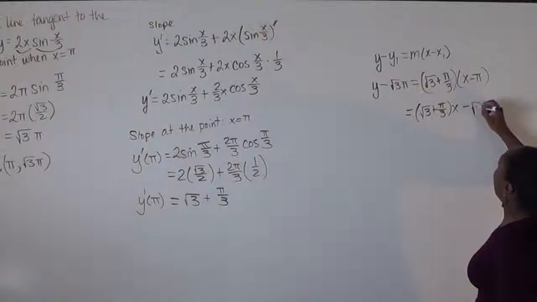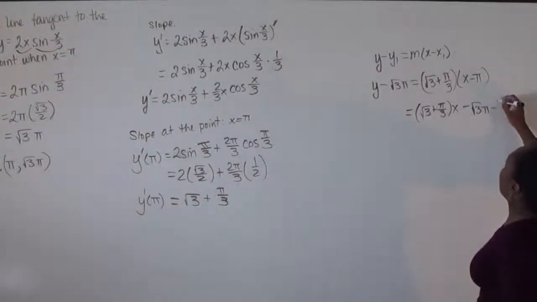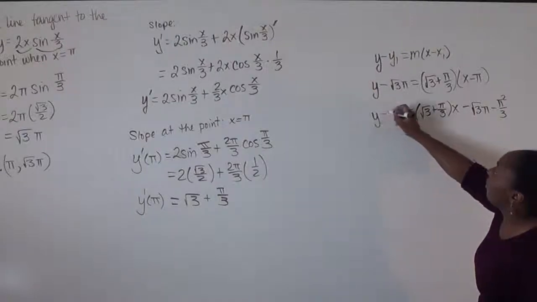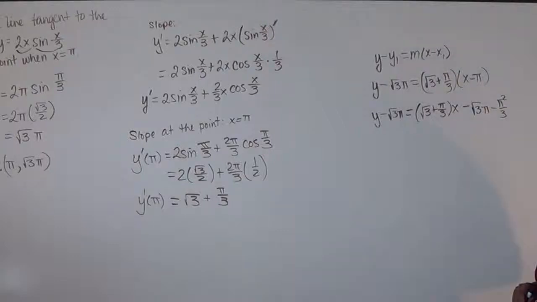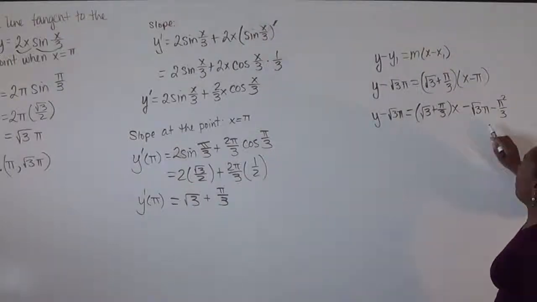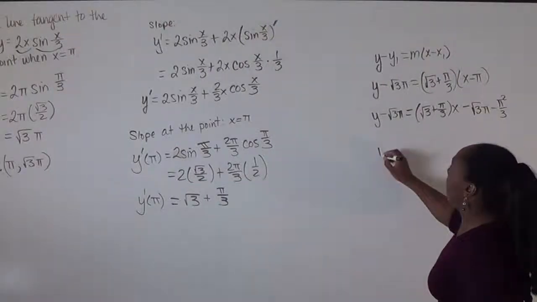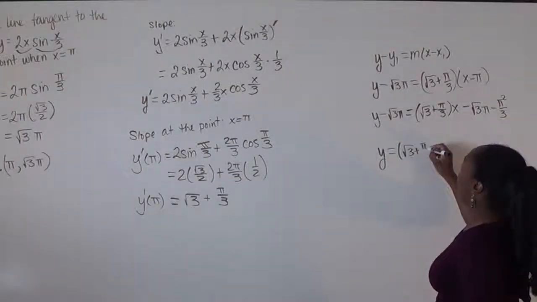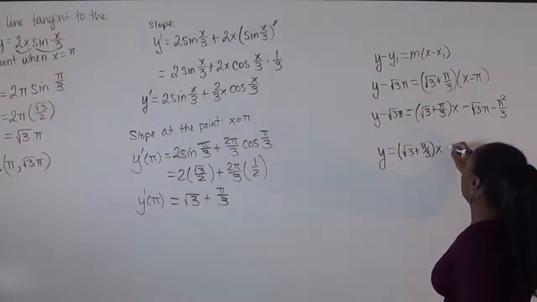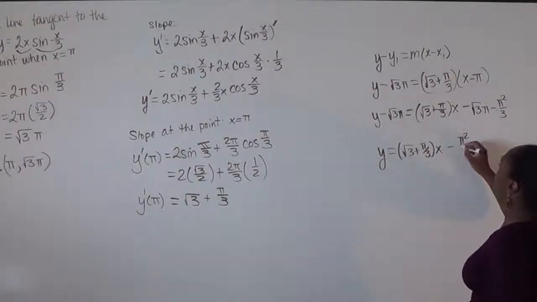So we'll get a root 3 pi minus a pi squared over 3. And so when we add that root 3 pi from the other side, notice those will cancel out. And so our tangent line is going to be root 3 plus pi over 3 times x minus pi squared over 3.